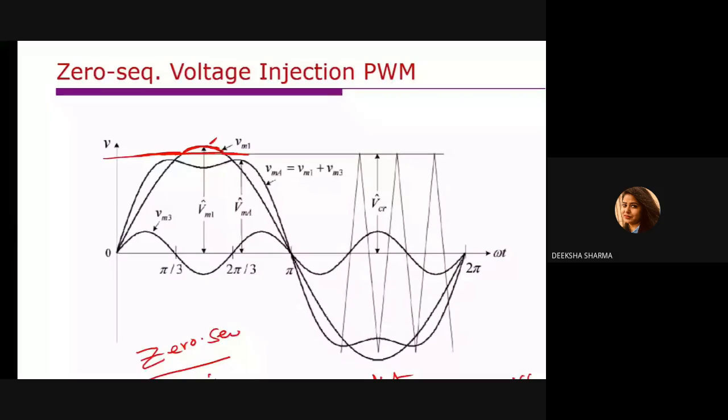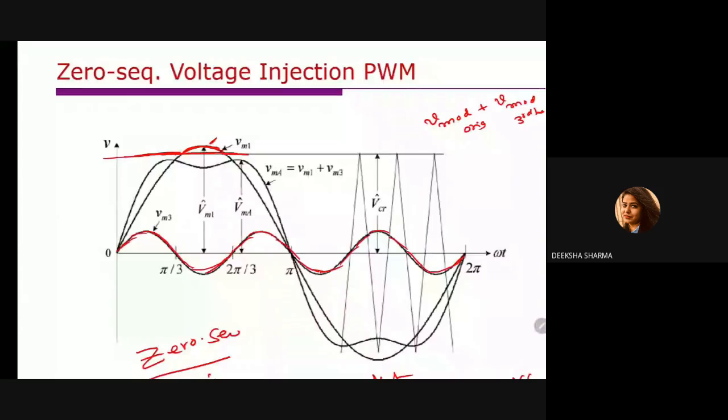So here we have added a zero sequence component to this one. We added a third order harmonic to this waveform. So we have this modulating signal, which is the original, plus the third order harmonic modulating signal.